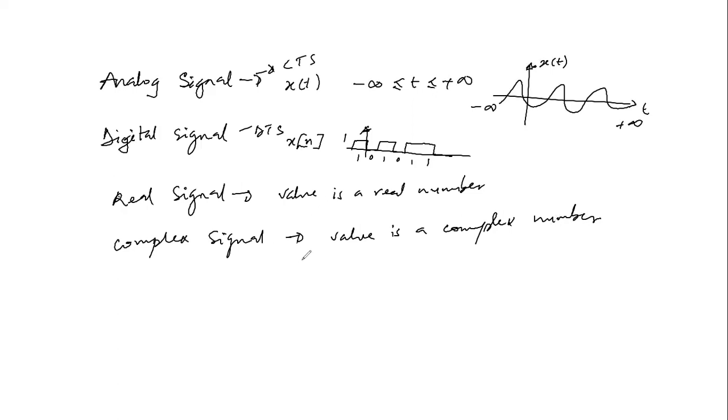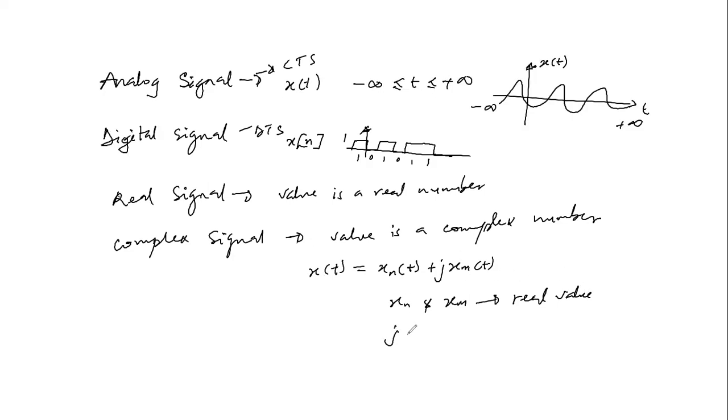So let's take a complex signal, say S of t is a complex signal, such that we have the real component, say x of n of t, plus the imaginary component, say x of m of t, where x of n and x of m are real values, or better still, real signals.